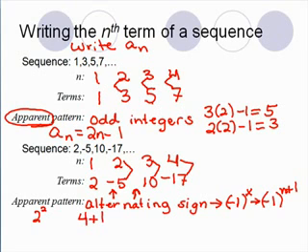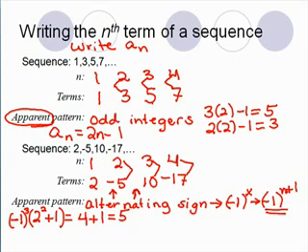And if I add 1 to that, then I get 5. And if I want it to be a -5, I'm going to multiply it by -1.